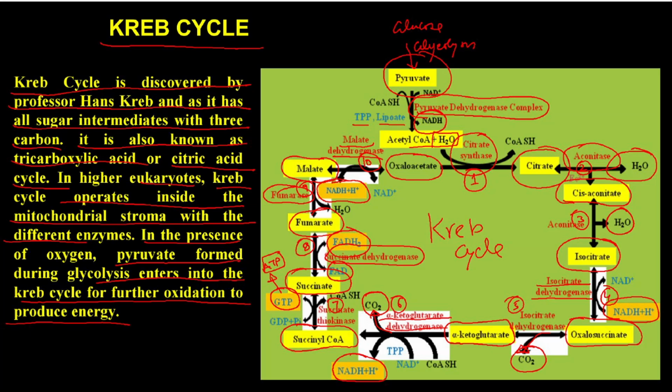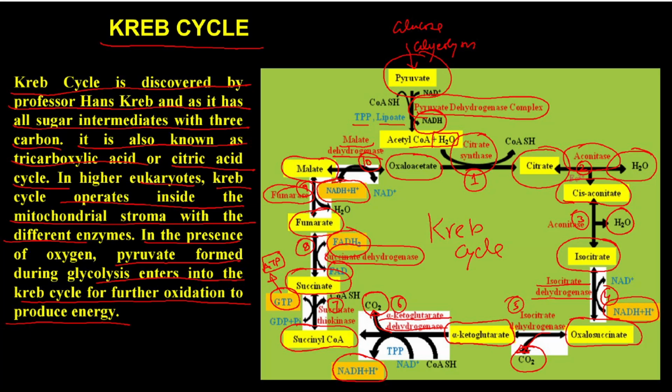Then this alpha ketoglutarate molecule will be converted to succinyl coenzyme A. The coenzyme A with its reduced form, the SH group, will enter the reaction and an NADH will be formed. This succinyl coenzyme A will then get converted to succinate. A GTP molecule is formed and this coenzyme A will be removed from here.